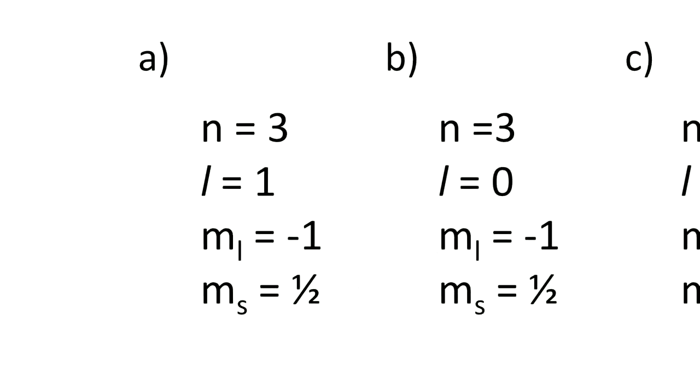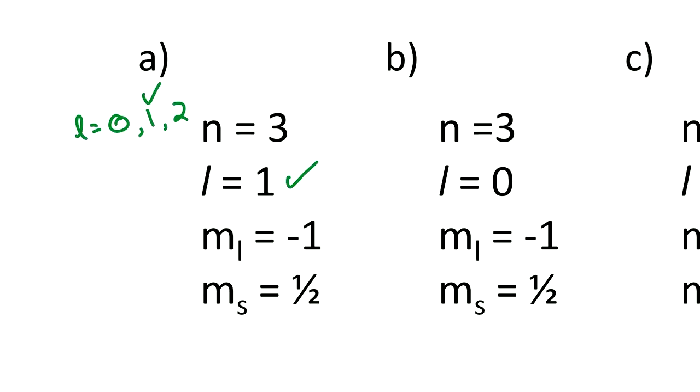All right, so the first one. I like to think, okay, if we have an electron in an n equals 3, what are the possible L values we can have? 0, 1, and 2, right? So is that L value okay? Yes, it is okay, because we can have an L equals 1.